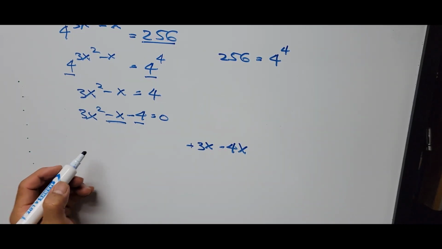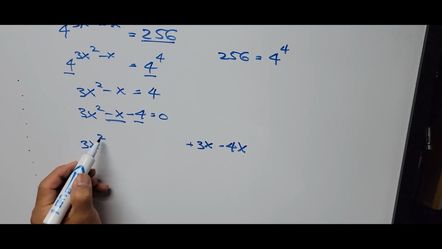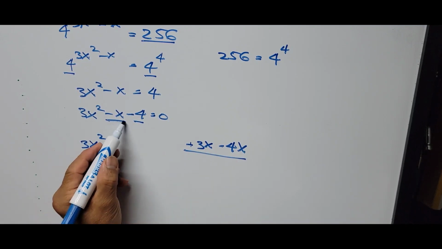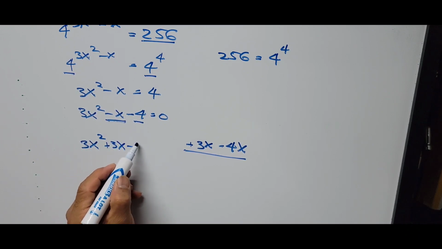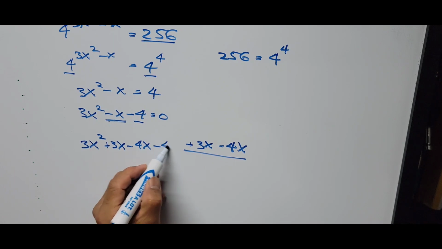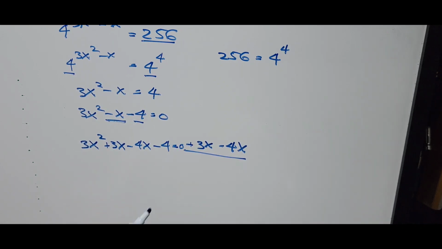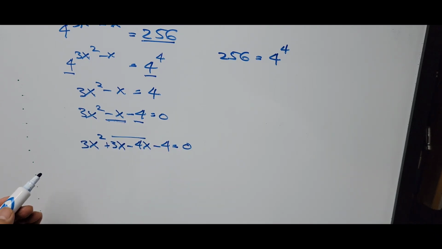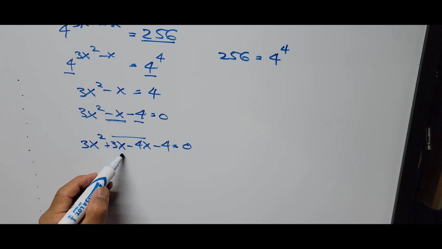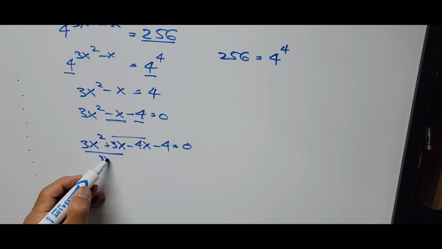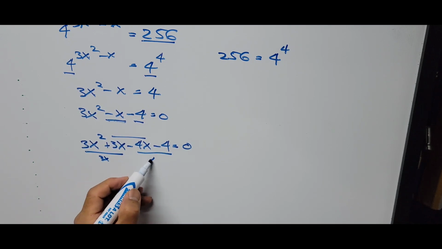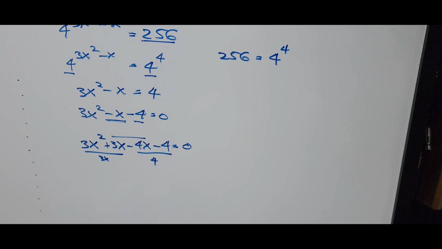So the equation now becomes 3x squared, and replacing negative x, plus 3x minus 4x minus 4 equals 0. Now if we take a look at those terms, we group them: 3x is common in the first two terms, and 4 is common in the last two. So we're using factoring by grouping.